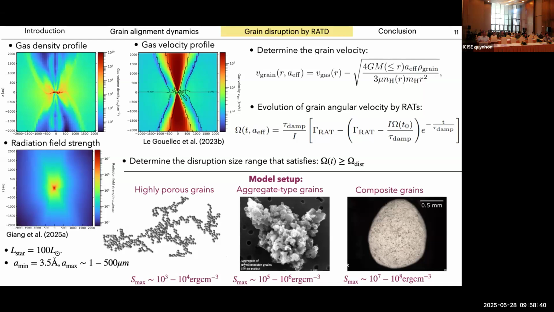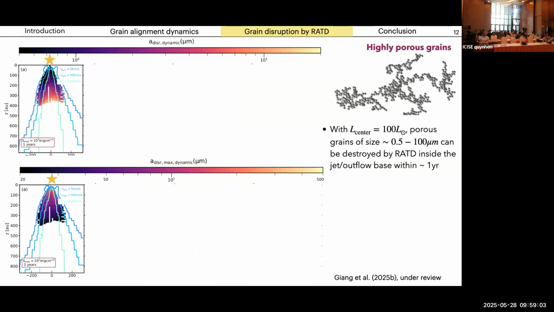The second is irregular grains, which are more complex, so they have a higher tensile strength from 10^5 to 10^6. And the last one considers two models of composite grains, which have tensile strengths of 10^7 to 10^9. All the values here are from laboratory experiments and numerical modeling of the tensile strength of the grains inside the protostellar disk. Okay, so I consider first the result for the highly porous grains.